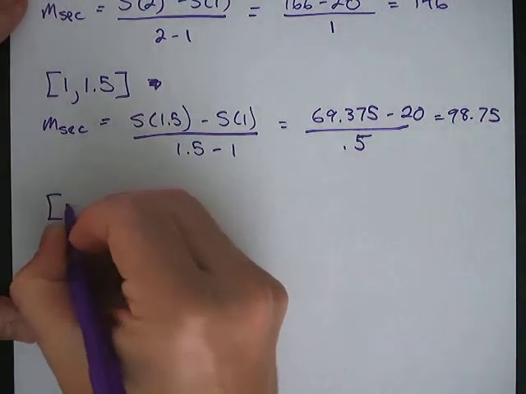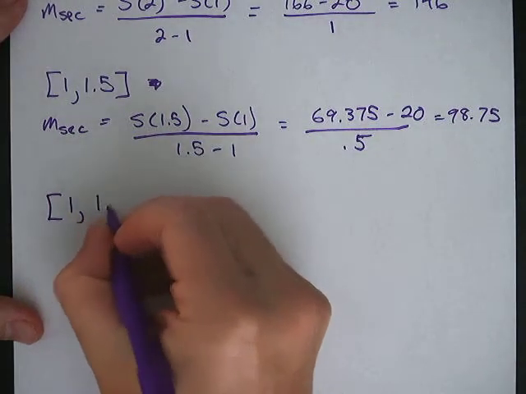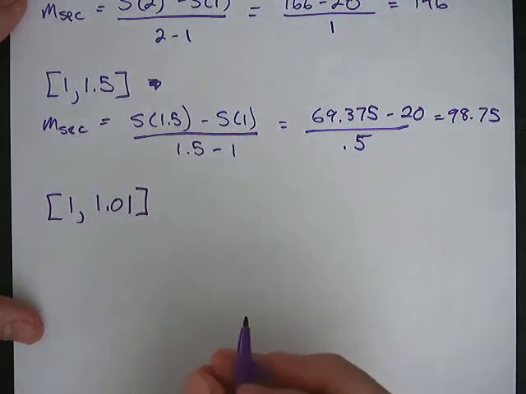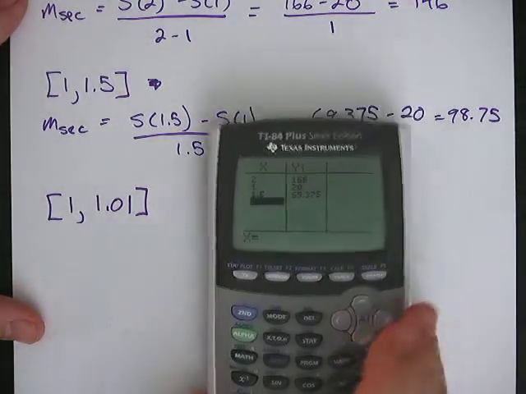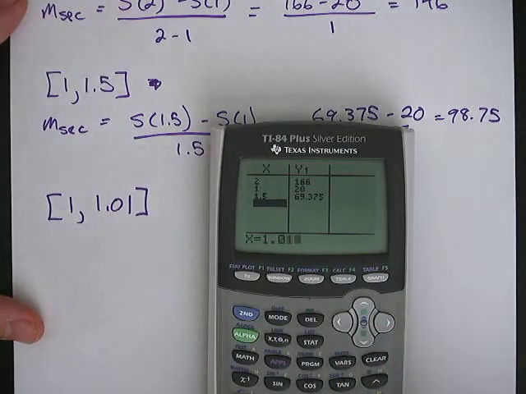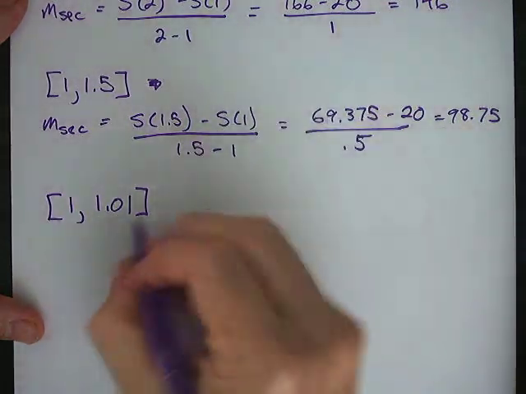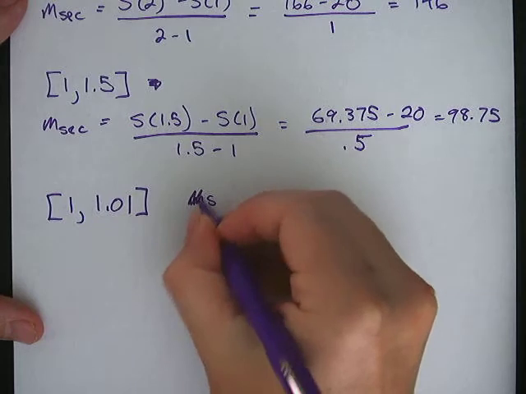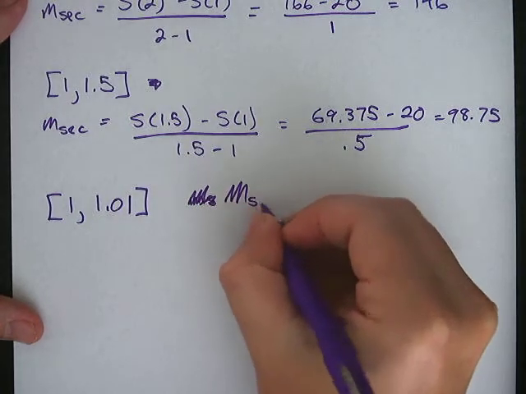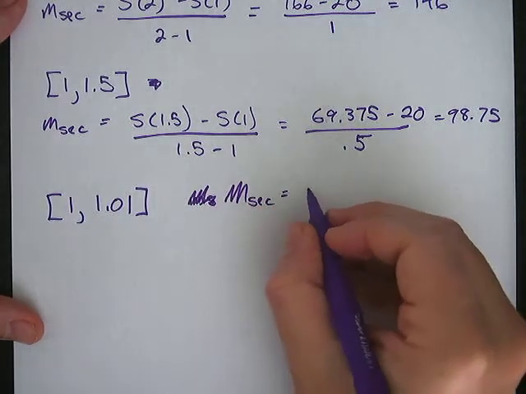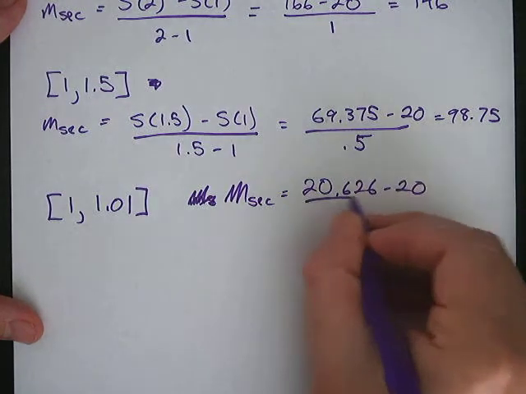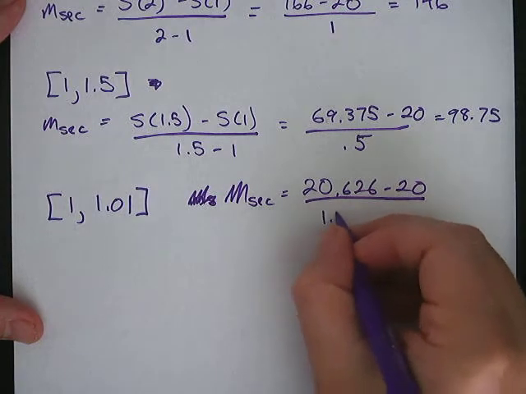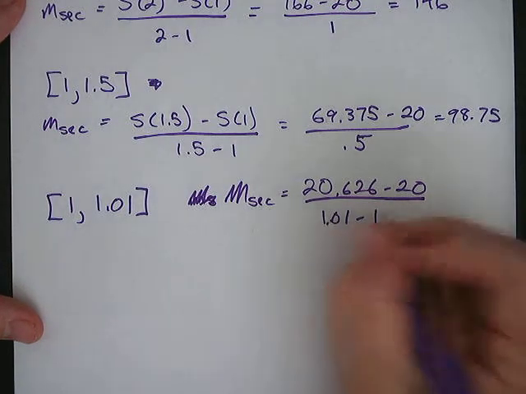Let's say we have the points 1 and 1.01. Okay, so those are really close. We're getting closer and closer. So let's go back to our table over here. 1.01 is 20.626. Okay, so m of the secant is equal to 20.626 minus 20 over 1.01 minus 1.